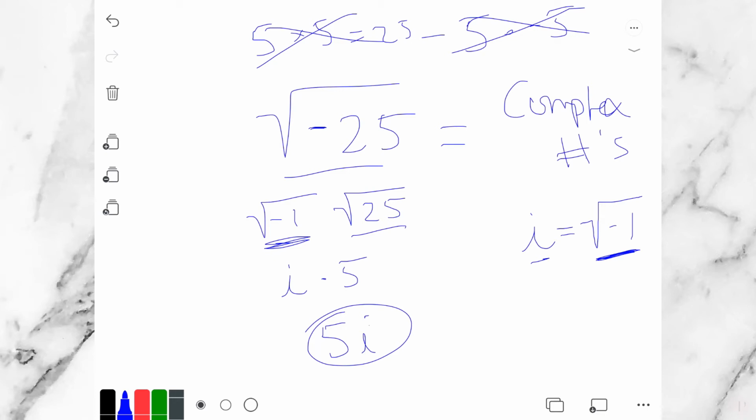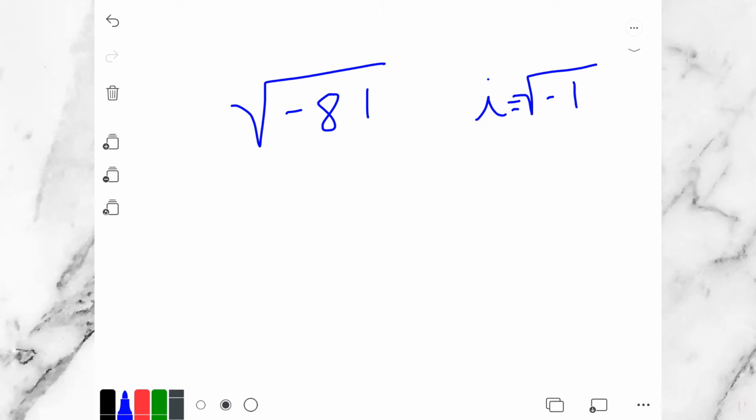Good. I'll give you a second because I know you were writing down some notes. So let's try another one. Let's make my handwriting just a little bit bigger. Let's try square root of negative 81. Remember, you said it 5 times, didn't you already? That equals square root of negative 1 times the square root of 81.